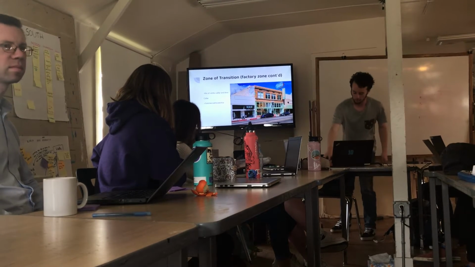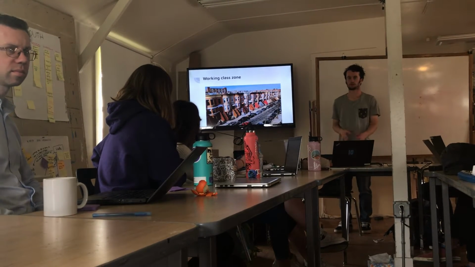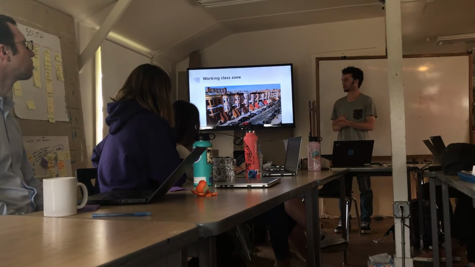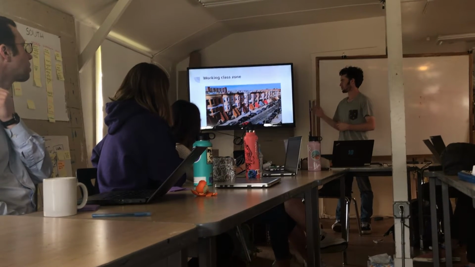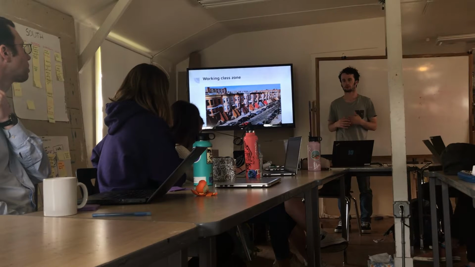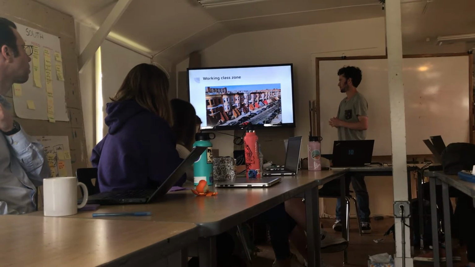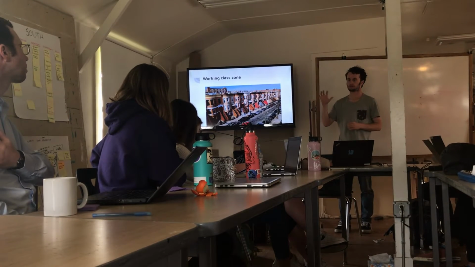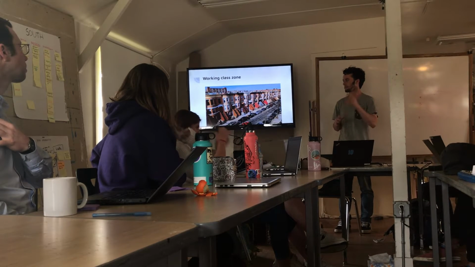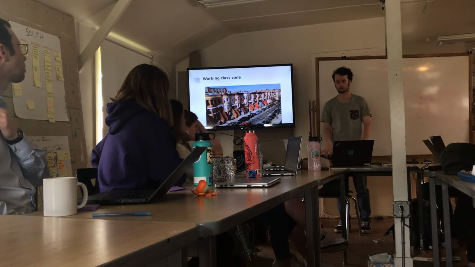Then the next ring is the working class zone, which is typically more residential for blue collar workers, working class families. Typically it will have businesses and stuff, but it gets out of the more commercial and becomes residential.